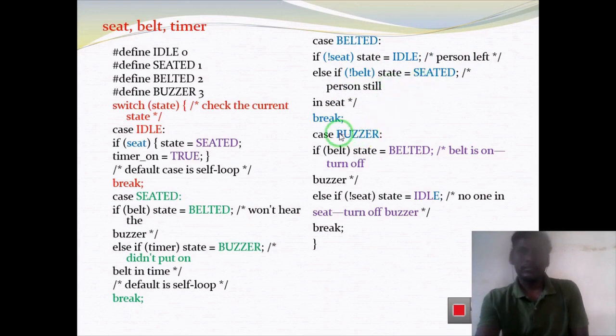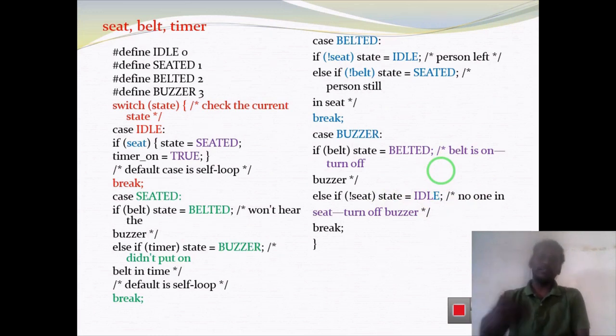And the next case will be buzzer. When will the buzzer be activated or deactivated? When the person does not wear the belt, immediately turn on the buzzer. If the person is belted, there is no need to turn on the buzzer. And if the person is not inside the car, that is the idle state, and again there is no need to turn on the buzzer.